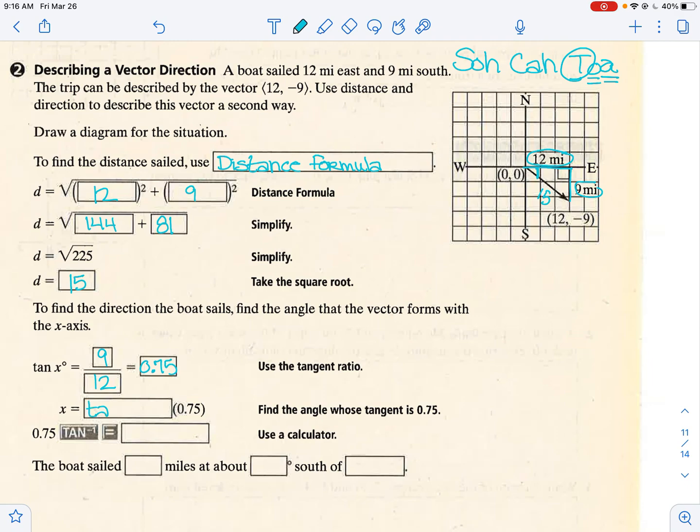So we need to use the inverse tangent of 0.75. And if we put that into our calculator, we get 36.869, or about 37 degrees. So this boat sailed 15 miles, about 37 degrees, and if we compare it to this horizontal line here, the angle goes down from the horizontal line 37 degrees, so south of east.